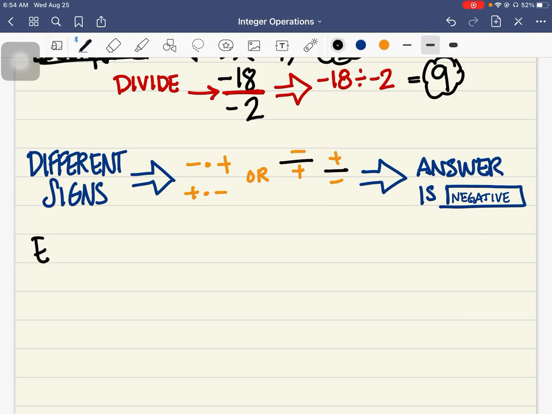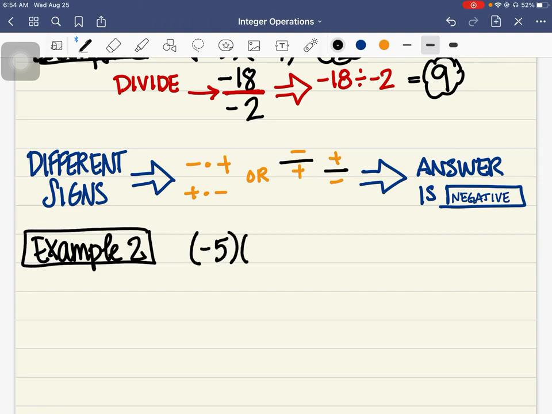Our example of this would be -5 times +6. One of them is negative, the other is positive. The answer is going to be negative, and we multiply them together and get 30. -30 is our final answer.